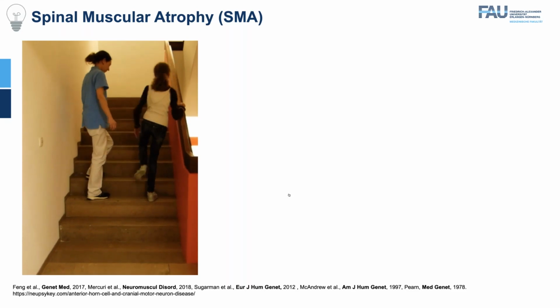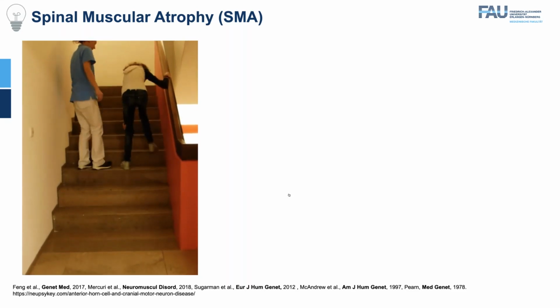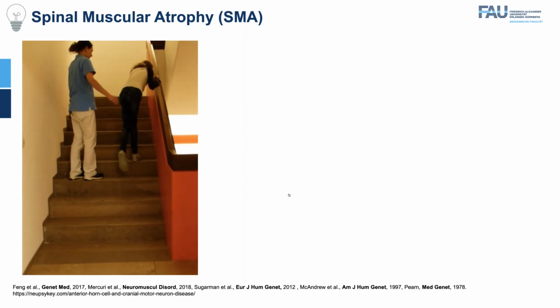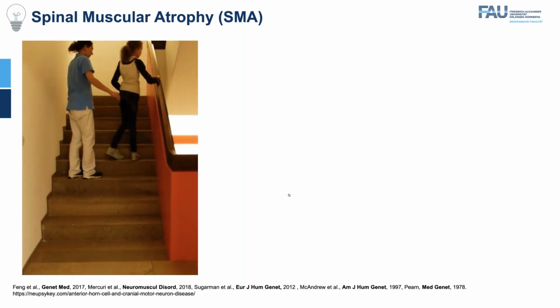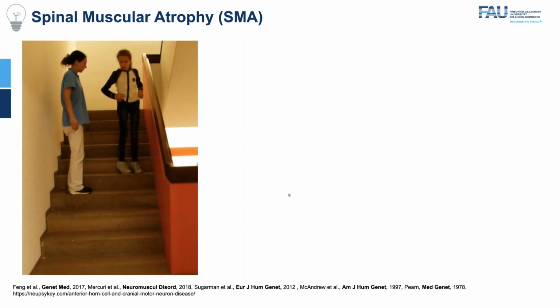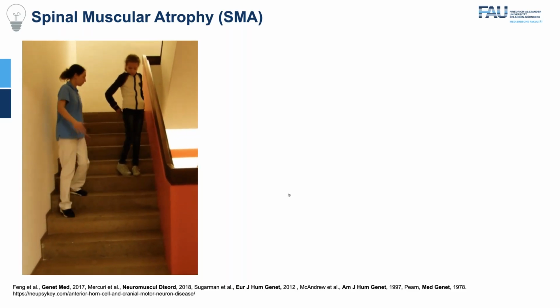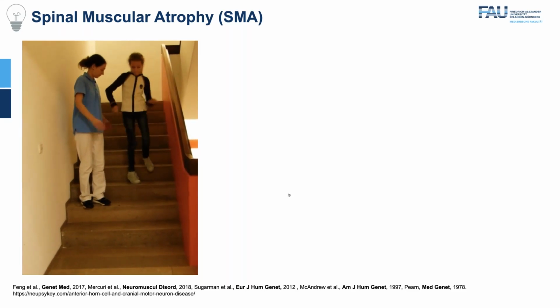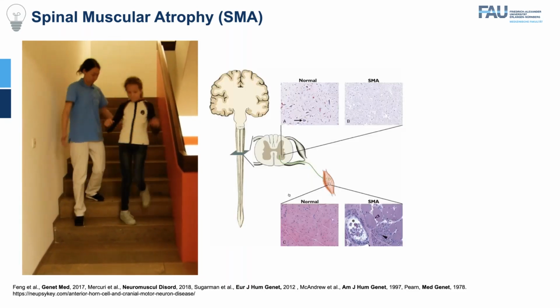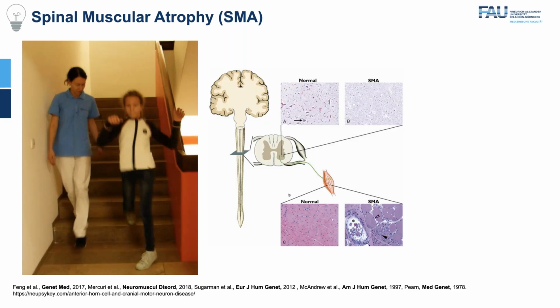So there's the second disease I'd like to show you, with a very similar test. It's a girl suffering from spinal muscular atrophy, and she was also asked to climb these stairs, and she's accompanied by our physiotherapist here, because you can see there's a high risk that she maybe falls or does not get up one stair. And this disease is, from a pathophysiology view, a little bit different, because there's a loss of motor neurons here, and this secondarily leads to a loss of muscle mass and atrophy, and then it can also lead to a loss of walking ability, for example.